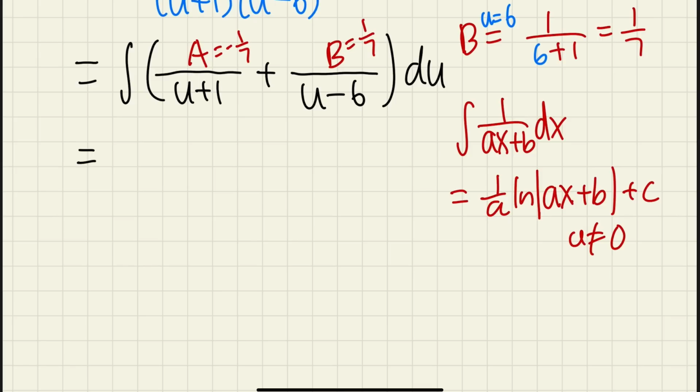Let's put on the constant multiple first, which is -1/7, and then ln absolute value. Here we have the u, which is sine x, and then plus 1.